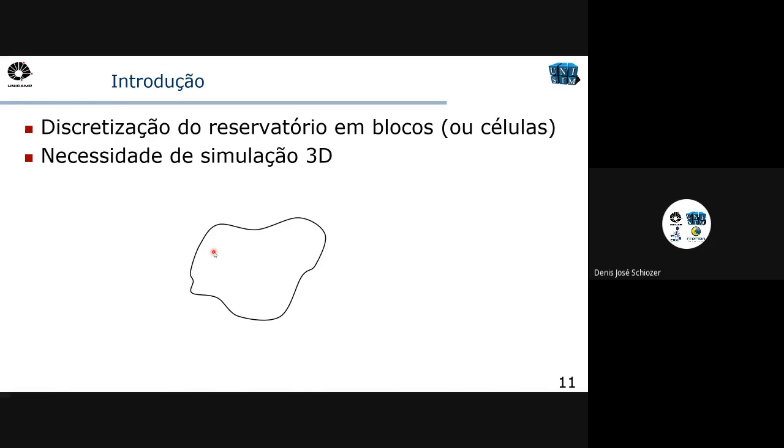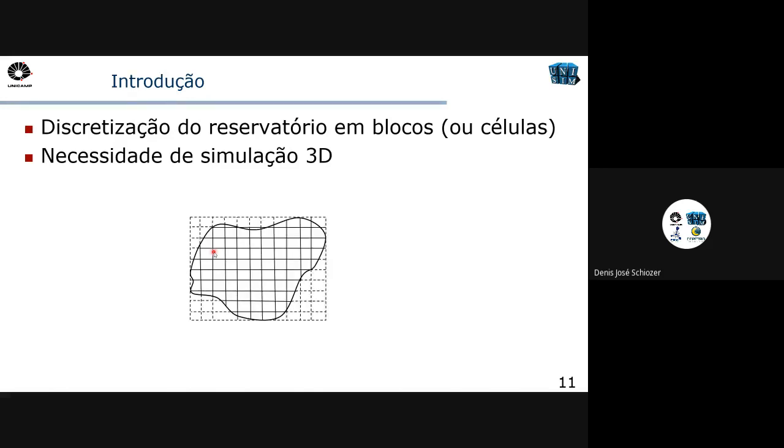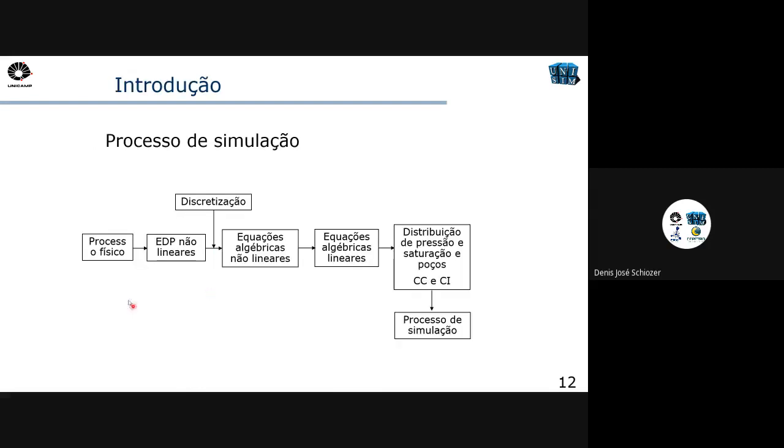Here's just an introduction. Once we have the reservoir, we're going to put the grids in the reservoir, and once we have these blocks, we're going to study how much mass is coming in and out of the blocks. If I put an injector and a producer well here, we're going to learn in the course how to model this flux in the reservoir. In order to do that, we write the physical process.